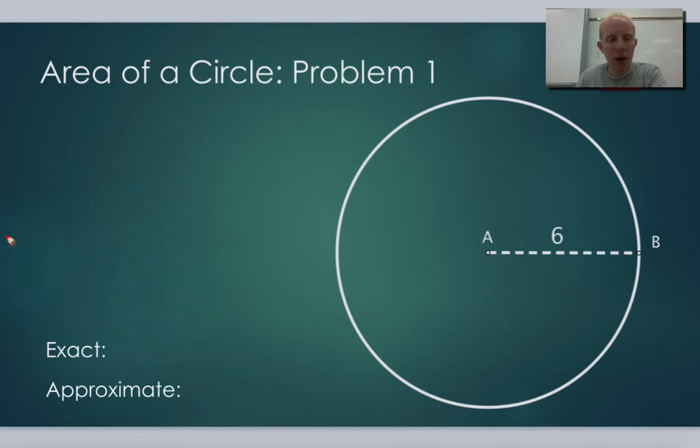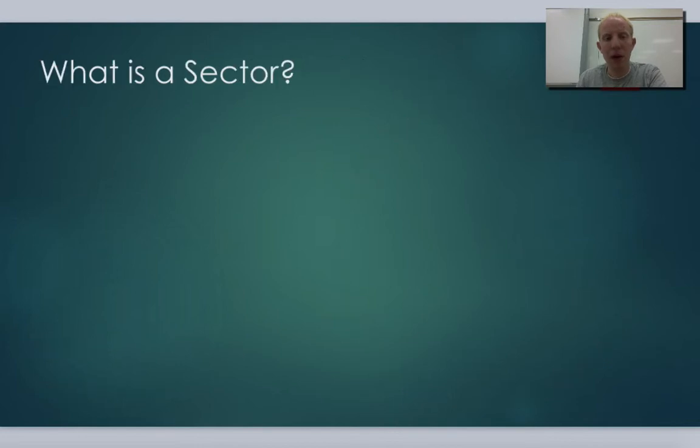So let's look at a new term that you may have not heard of before. We're going to talk about a sector. So again, let's say we have a circle. And on that circle, we're going to make an angle, okay, through the circle. And so before we were finding the arc length, which is that distance along the outside of the circle. In this case, let's say we want to find the area of just this portion of the circle.